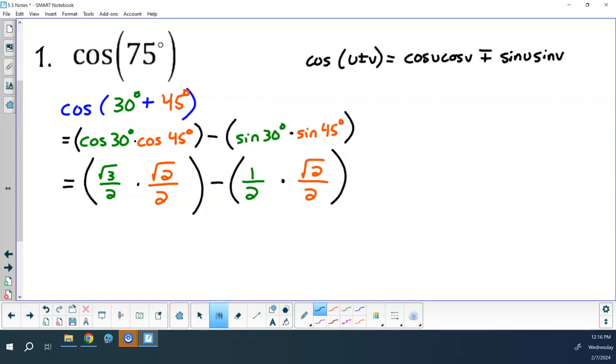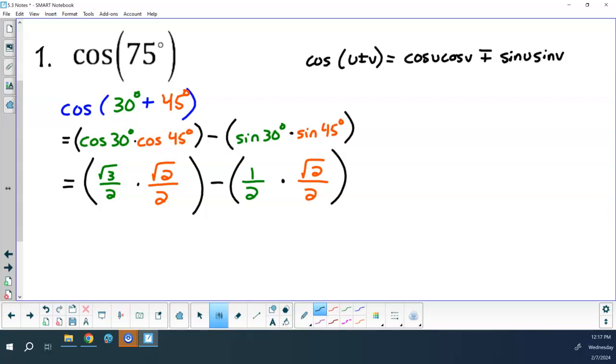My left set of parentheses. Square root of 3 over 2 times the square root of 2 over 2. Go ahead, Dan. Okay, simplify square root of 3 times the square root of 2.